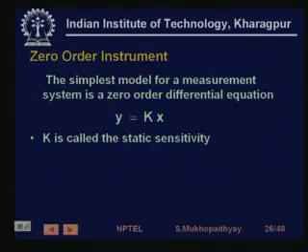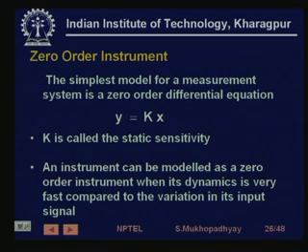So the input output ratio is linear, and this linearity exists from instant to instant, right. So for such instruments there is no dynamics, and the static characteristic is the only characteristic that you need to see. So such instruments are called zero order instruments.